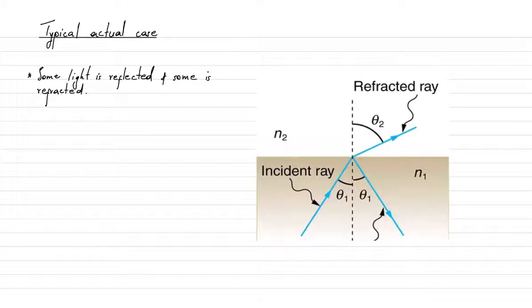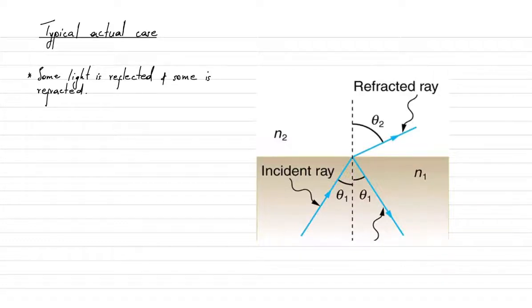Typically you find that some light rays are reflected while others are refracted. You might imagine when you're driving and looking at your windshield, you might see your own reflection. On the one hand, the light from you is exiting the car because people can see you outside the car.